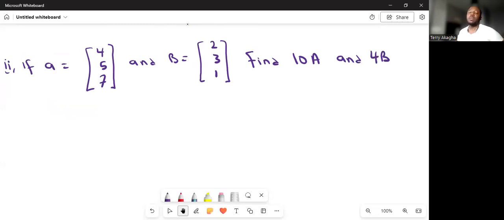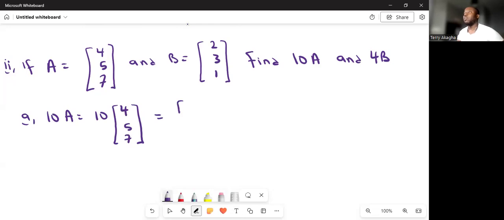So, as usual, we're looking for the first one. We're looking for 10A, which is going to be the same thing as 10 into bracket, this should be capital letter, this is 10A, so it's going to be (4, 5, 7).